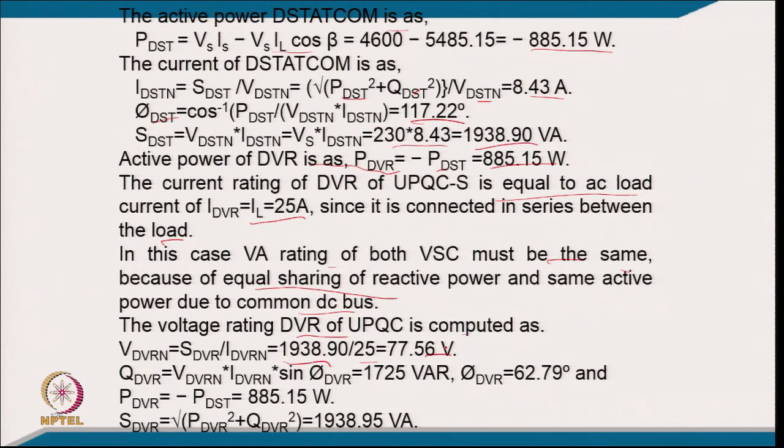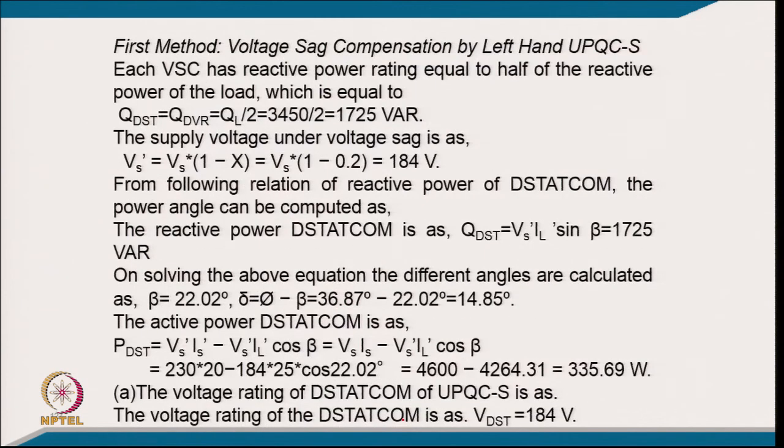So, it is 77.56, and Q_DVR will be voltage into current. So, putting the value, 1725, and the P is the same, 885. So, you can calculate the VA rating of the DVR as the square root of P squared plus Q squared. So, it becomes 1938.95 VA. So, coming to this, there are two options. So, you can calculate it two ways.